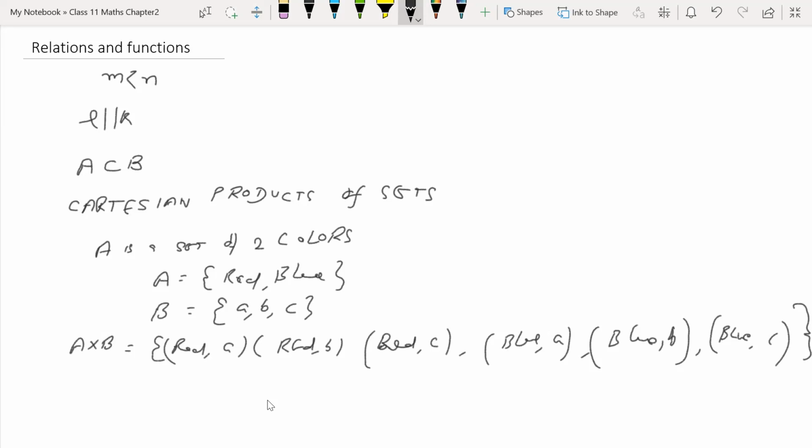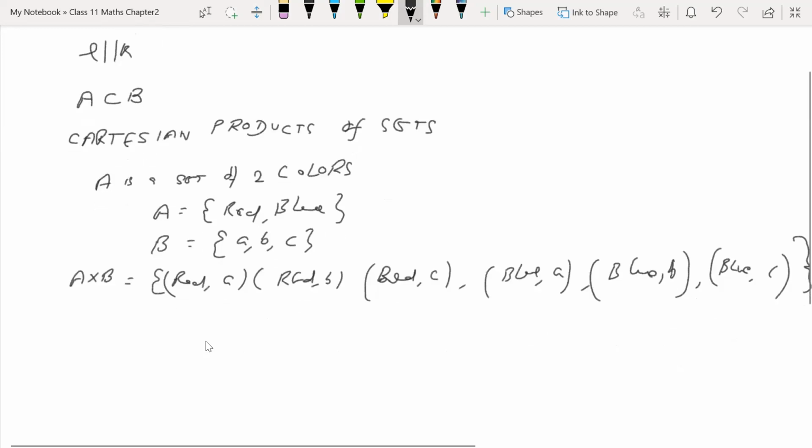If we recall our previous classes, ordered pairs are elements taken from two sets.